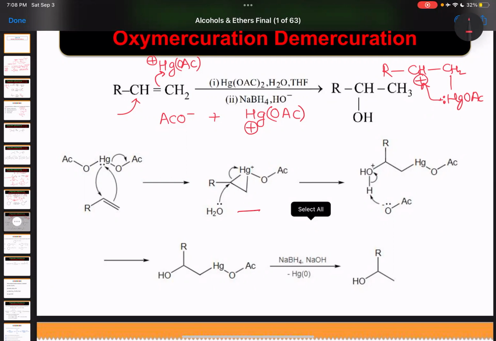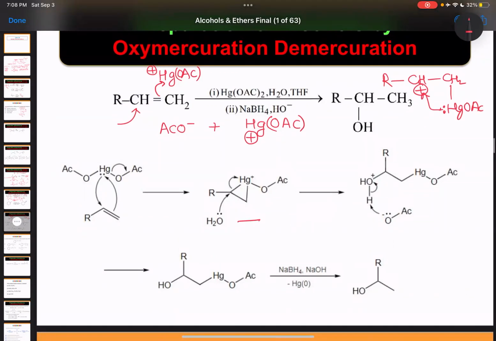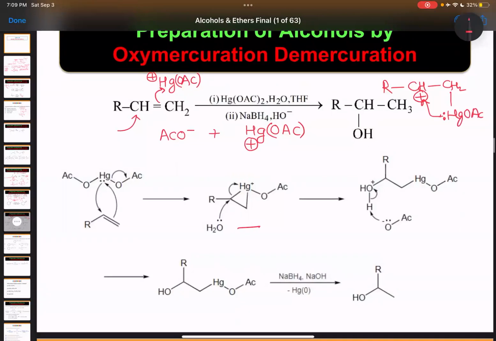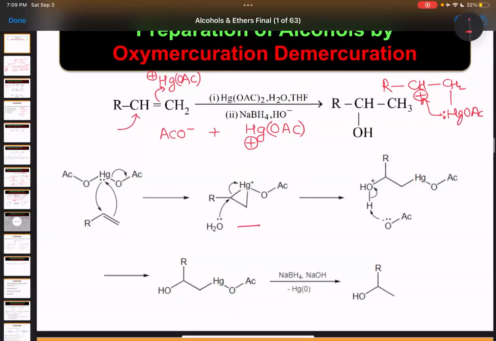You don't have to write the mechanism, but you need to remember the keywords: with oxymercuration demercuration, you get Markovnikov addition of water without rearrangement.